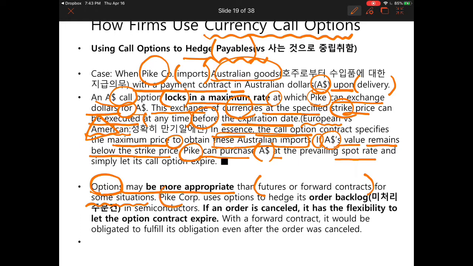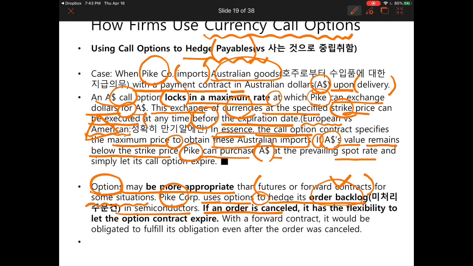So this company, Pi Corporation, can use a call option to hedge its order backlog in semiconductors. You made the order for the import from a company in Australia, but the company has a lot of backlog, so your order has a chance to be canceled.